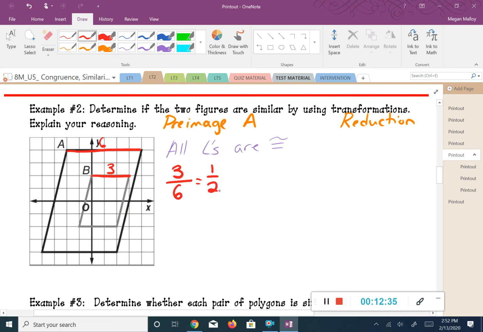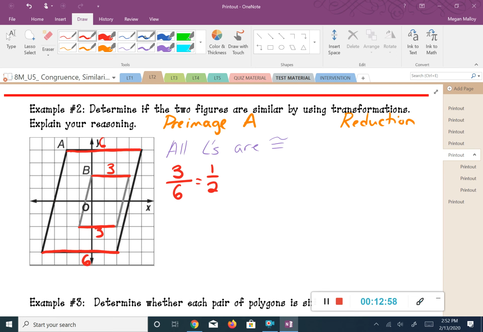And since it's a parallelogram, we know that the top line in both of those figures is going to be equivalent to the bottom side in both of those figures. So we don't really have to write that twice. We just know right away that those are going to be congruent and the same depending on the shape that they're in.